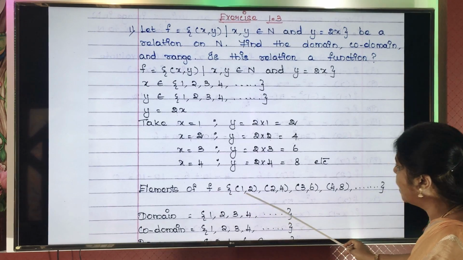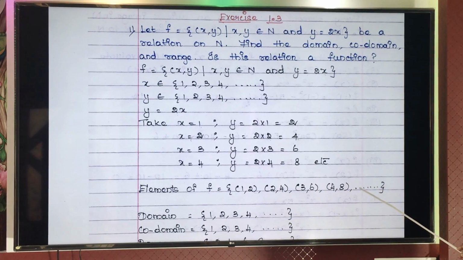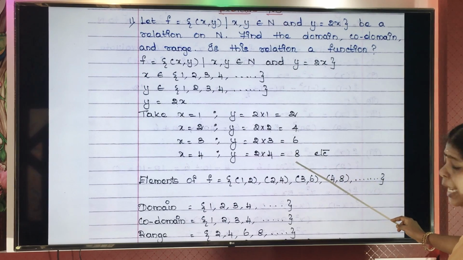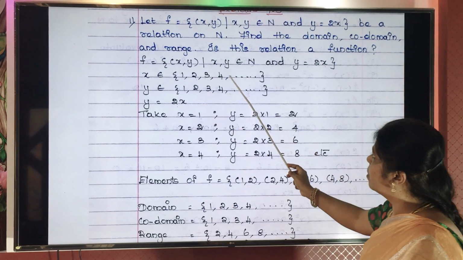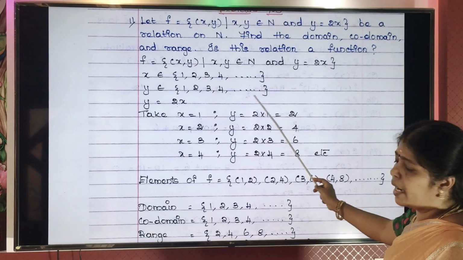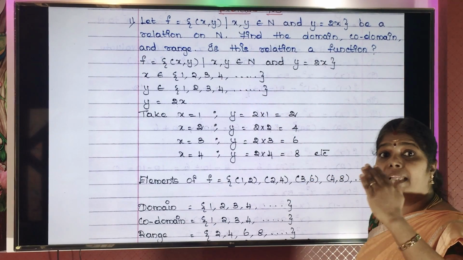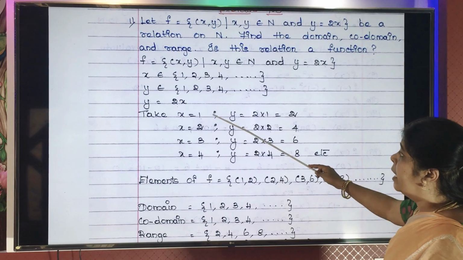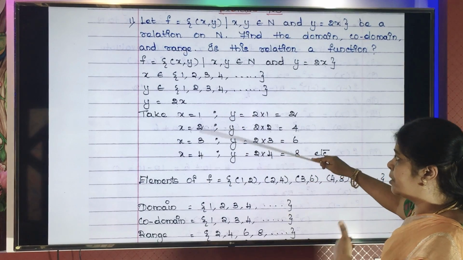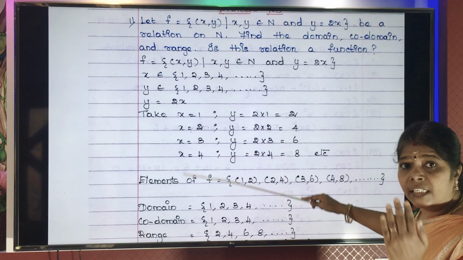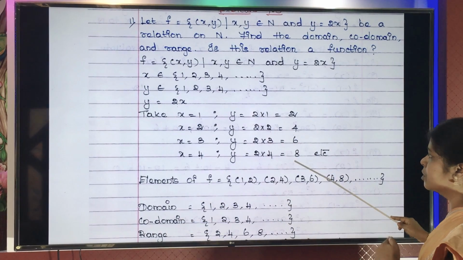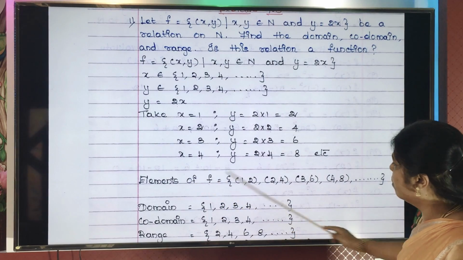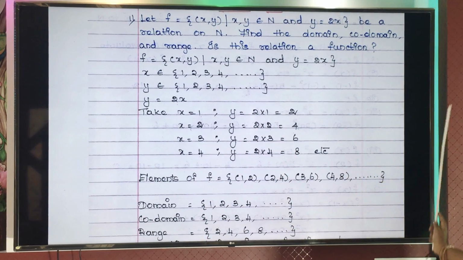Now writing all this together, see here I have put dot dot dot. Why? Because this is not the end. Here you could see it keeps going, right? The value of x and the value of y keep going. So as and when you substitute the values of x, continuously you will get the values for y. So there is no end. Therefore I have kept dots here.